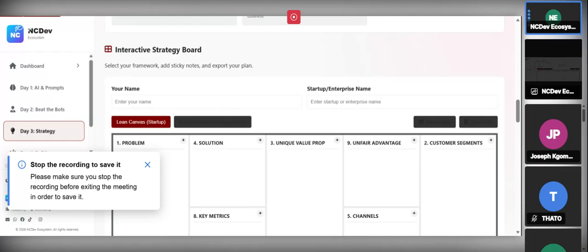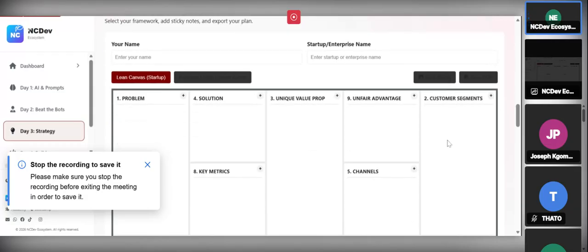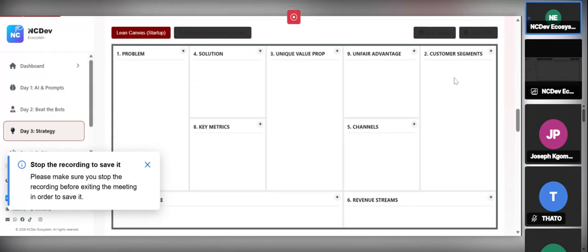So from the problem we go to customers, we go to the unique value proposition that you are giving those customers, and then only are we able to identify the solution. So your customers, here is where you would have to be clear in terms of who your customers are, right?